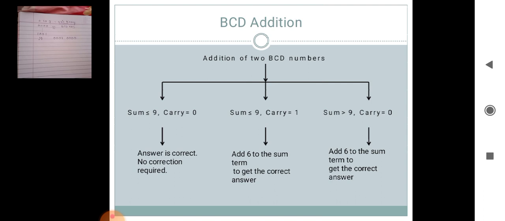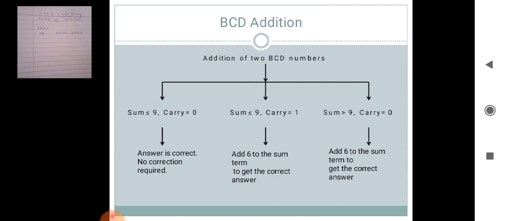Third case: if the sum is greater than 9 but carry is 0, then also you have to add 6, that means 0110, to your answer, because a sum greater than 9 is also an invalid BCD. To correct it, we add 6, that is 0110, to the answer. So what are the cases for invalid BCD?